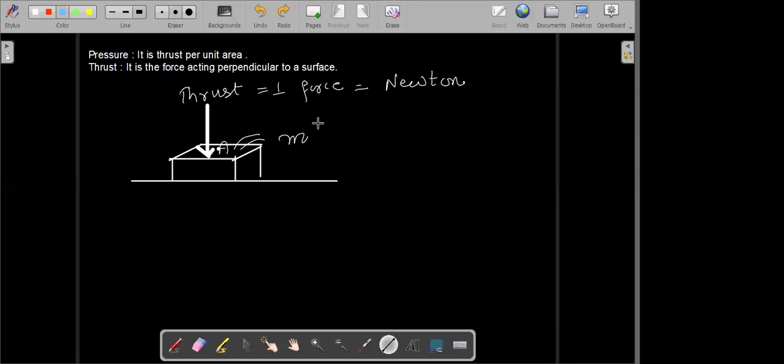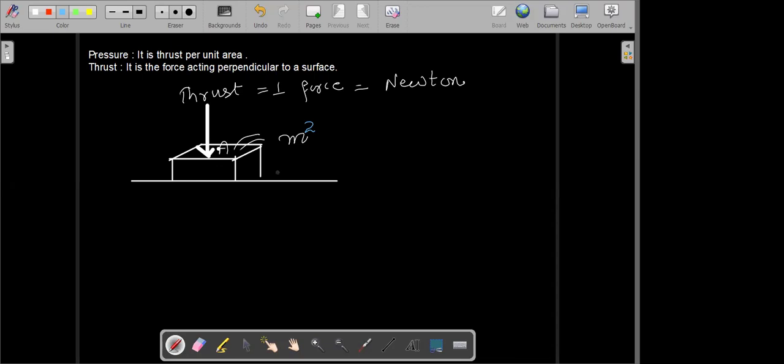Okay, so thrust is the perpendicular force and area is measured in meter square, or square meter. Got it? Now see how do we find out this pressure? How can we evaluate?